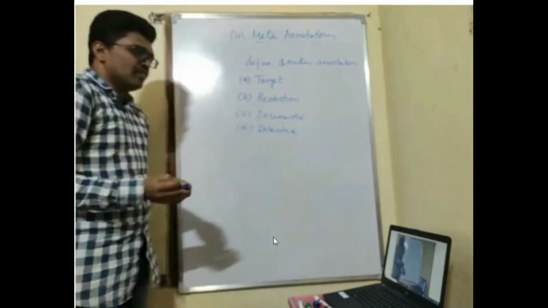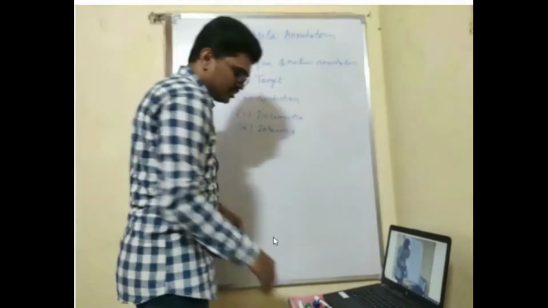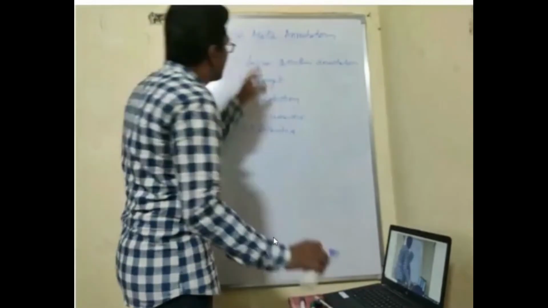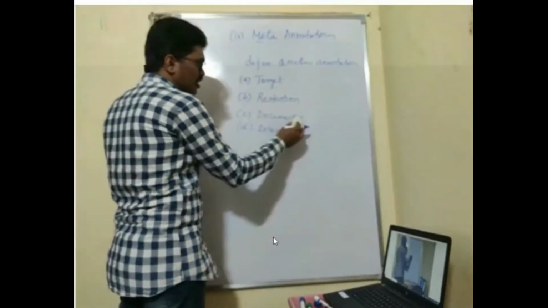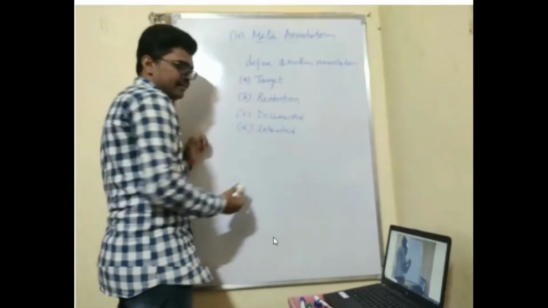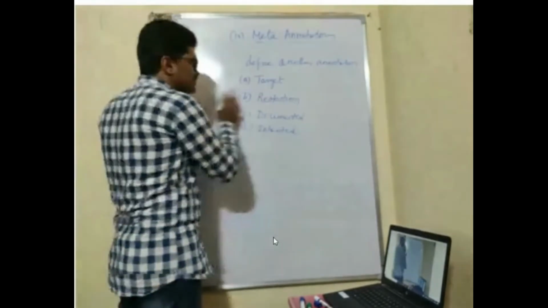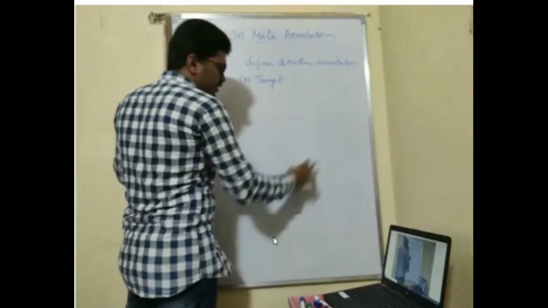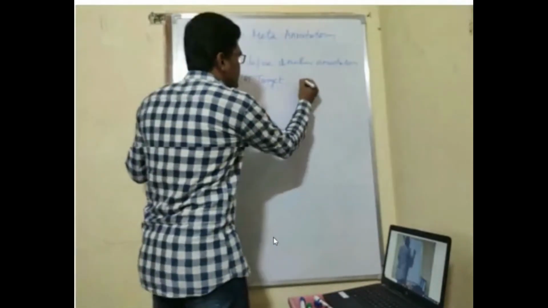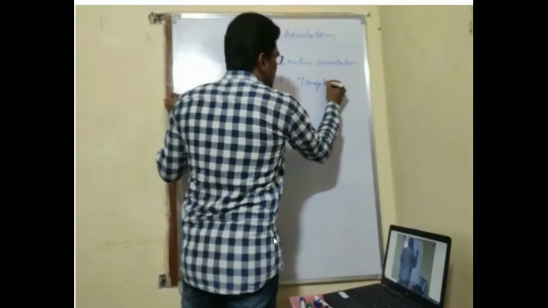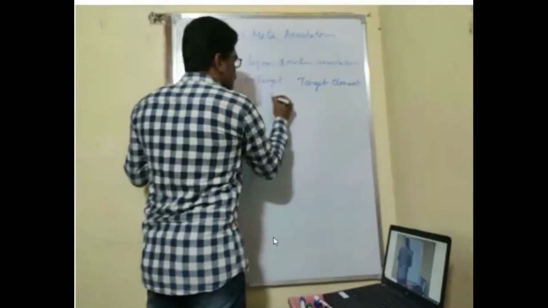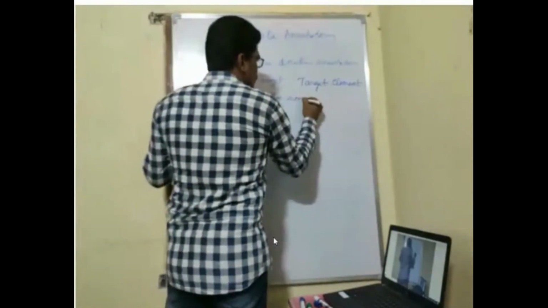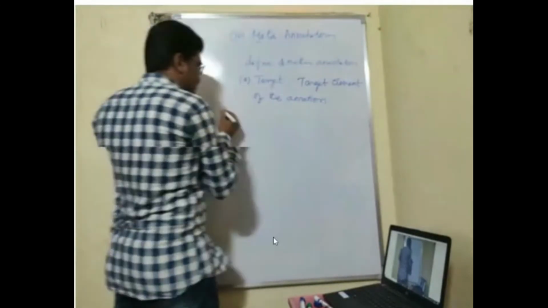There are four types of meta annotations: Target, Retention, Documented, Inherited. Now we'll see each one of these. What is Target? It will tell the target element of the annotation.